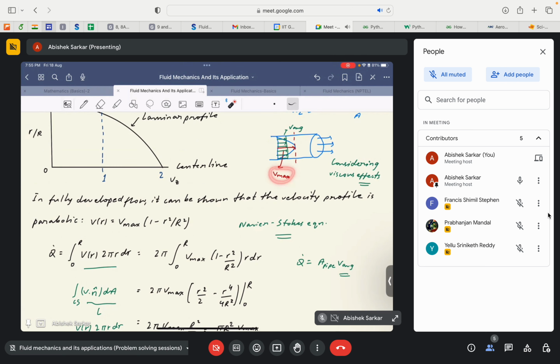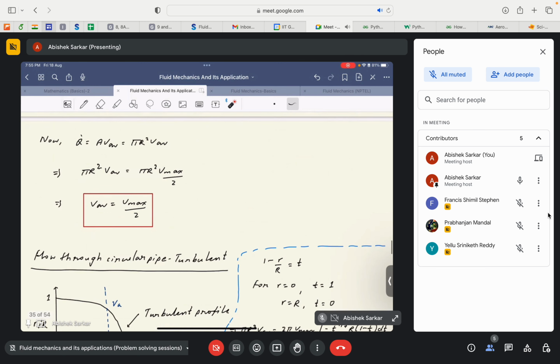Let me write it down: for laminar flow through a circular pipe, this is the relationship between the average velocity and the maximum velocity, which is obtained at the center line of the pipe.